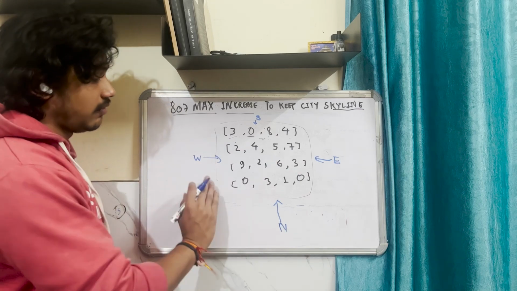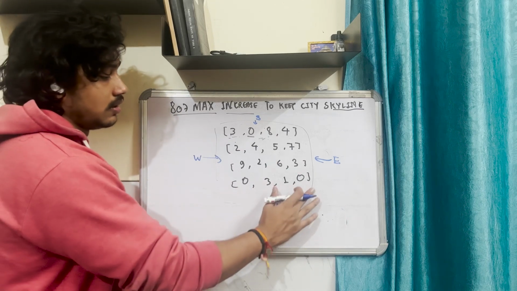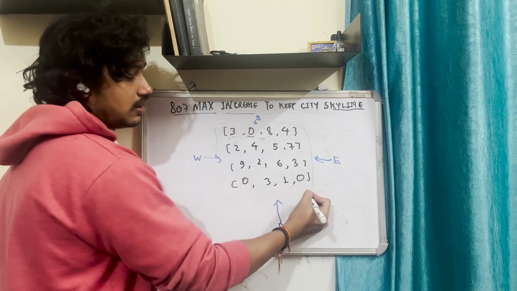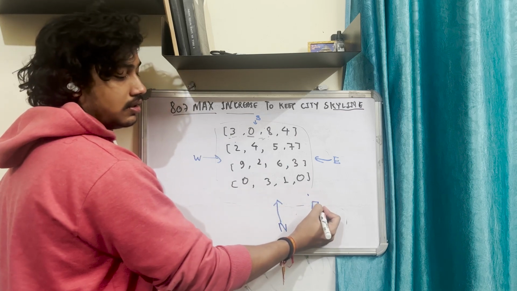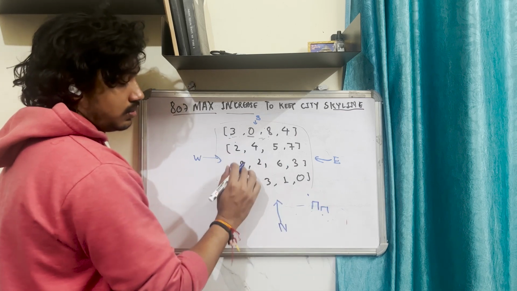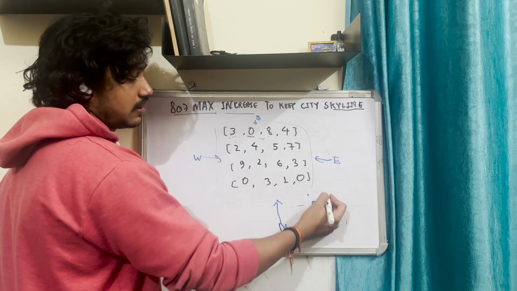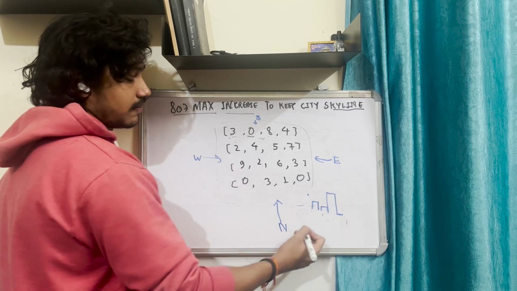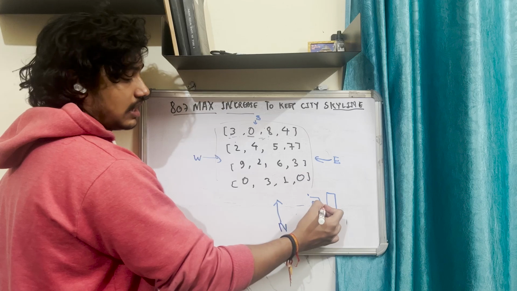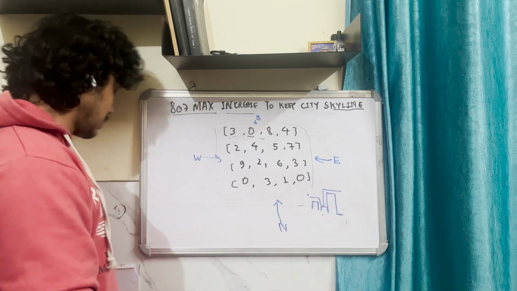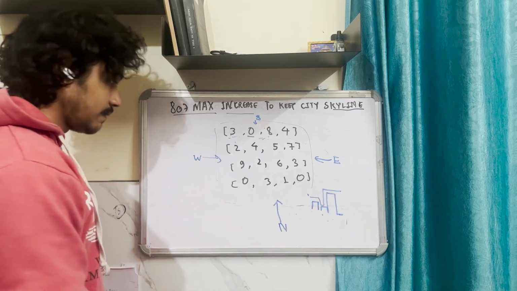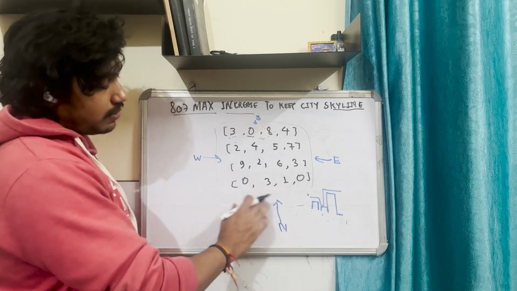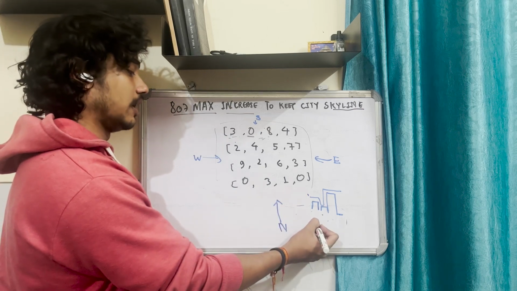Basically, if you look from this side, what will be your skyline? Like 3, I'm just drawing 2, 9, 0. 9 will be too high, 0 will be nothing. So your skyline will be something like this. Let me use the black marker. And if you look from the north side, what will be your skyline?